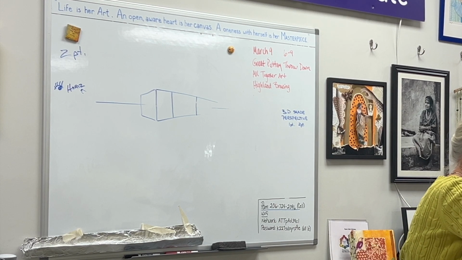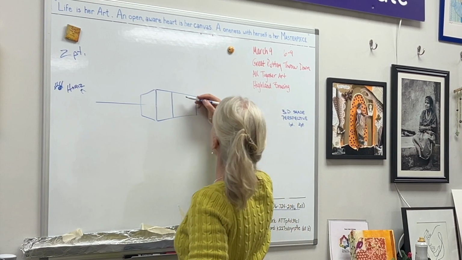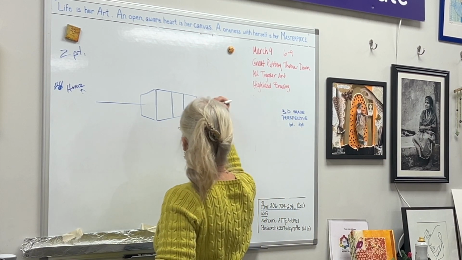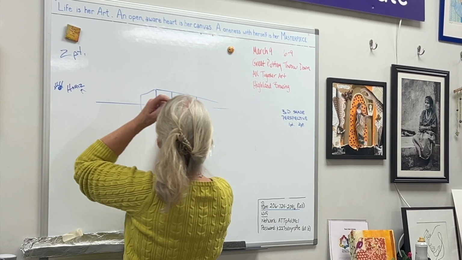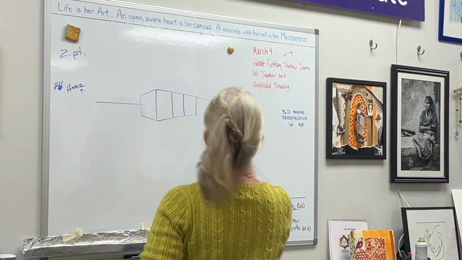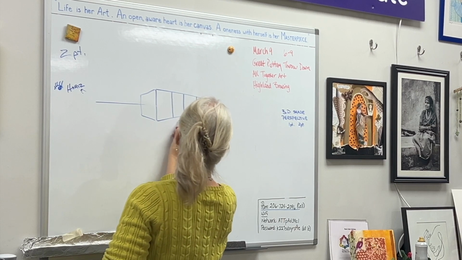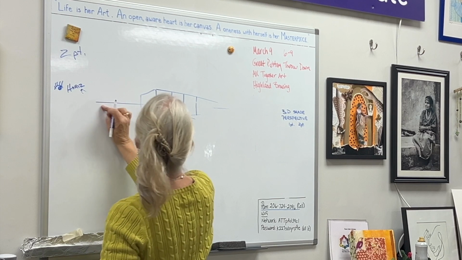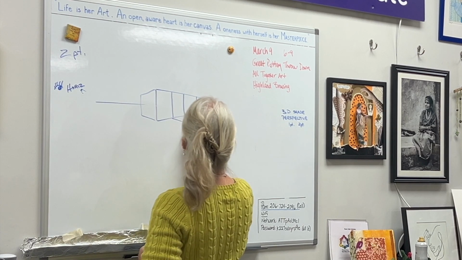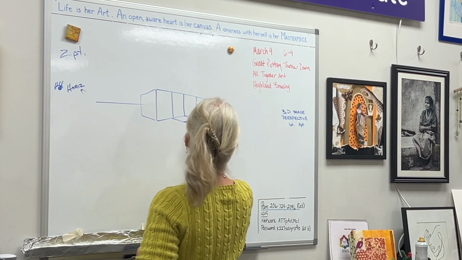That second front cube is touching the house there. Now, I need to know that the base of that cube is coming out from the house at the same angle. It's having that same vanishing point that the other one did. They're all going off over here. And this baseline is going off to this vanishing point over here.